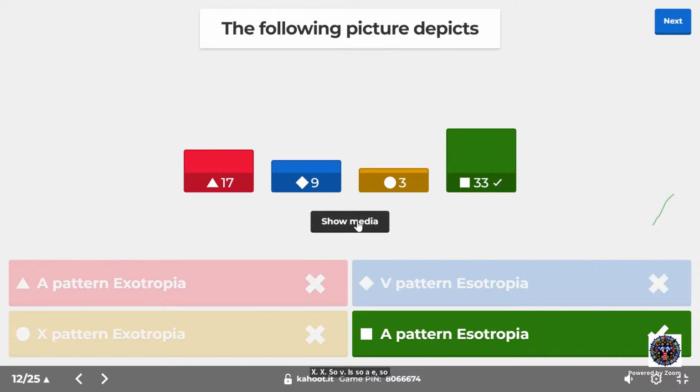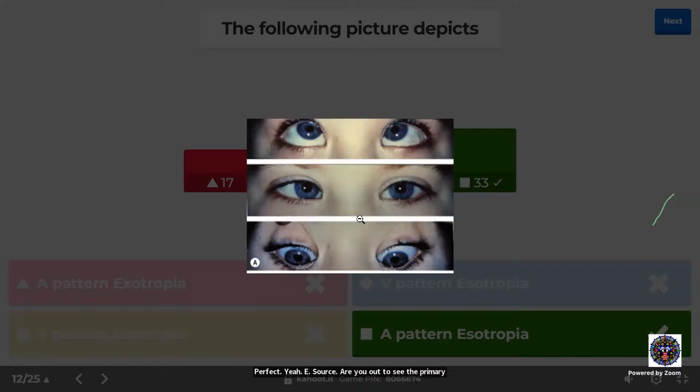So you have to see the primary position, whether it is eso or exo. Here there is a large esotropia. Then look at the up gaze and down gaze. You see increased convergence in the up gaze and decreased convergence, more divergence, in the down gaze. So it is typically like the alphabet A. So it is an A esotropia.